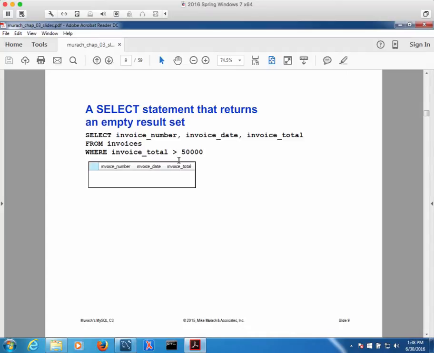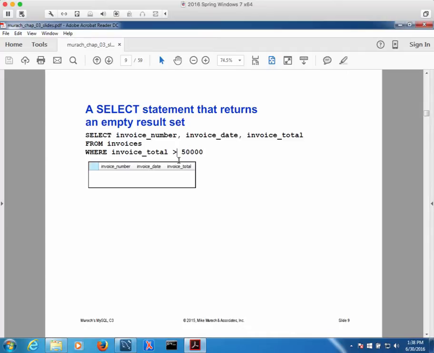So we do have to ask for either all the columns or some subset. So here we've asked for 3 columns from invoices where invoice total is greater than 50,000. And none of the rows qualify, so we get no rows in the table. So we essentially have an empty table.